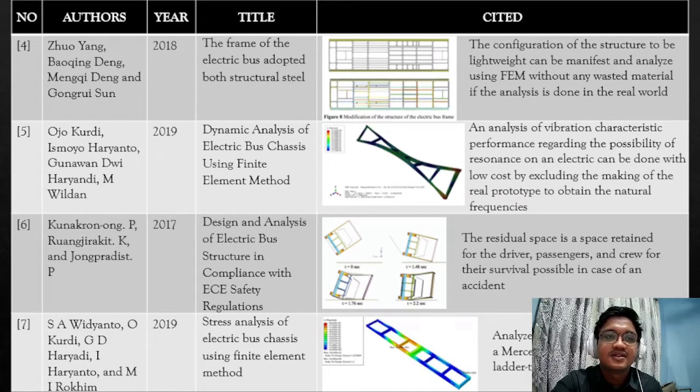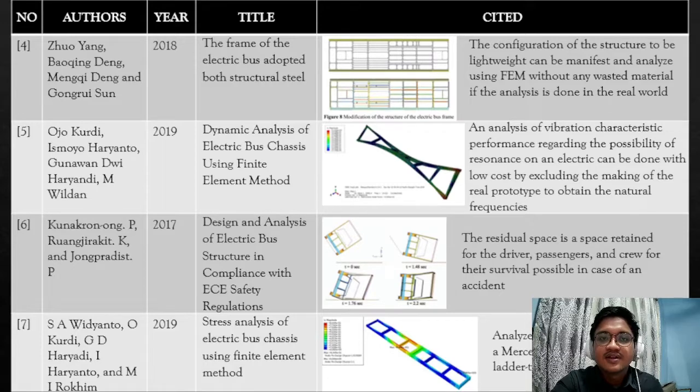For the second literature review, the title is UN ECE Regulation number 66. The rollover of a bus is the most feared accident, and the risk of injury to the passengers is the primary concern. In article number 6, the residual bus space must not be affected when the rollover happens, during and after the accident.